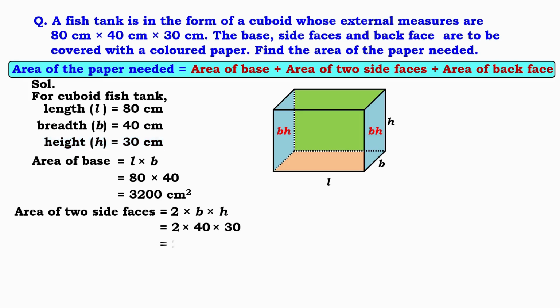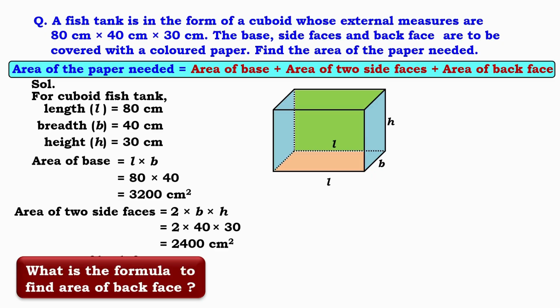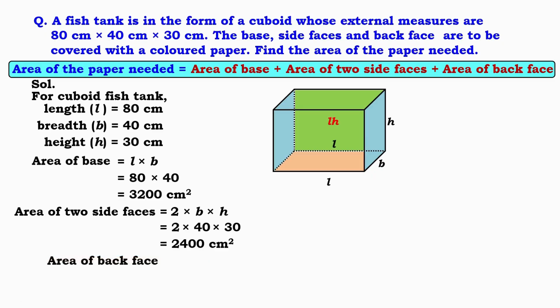So 2 into 40 into 30 is 2400 centimeters square. Now the area of the back face. If you take a look, the back face has length and height. So the area of the back face is equal to L into H. Put the values, that is 80 into 30, that is 2400 centimeters square.